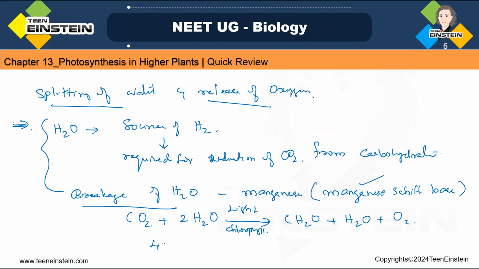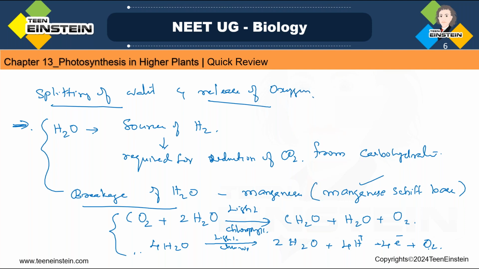And 4H2O in the presence of light and chlorophyll gives 2H2O plus 4H+, this hydrogen is required, right? And 4 electrons plus oxygen. So this is the reaction. Here the splitting of water is taking place in this way.